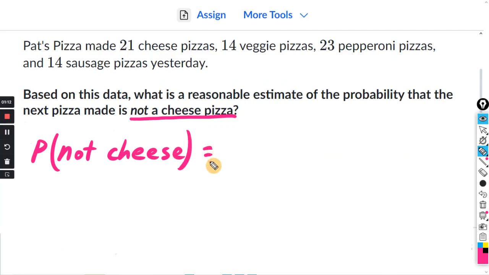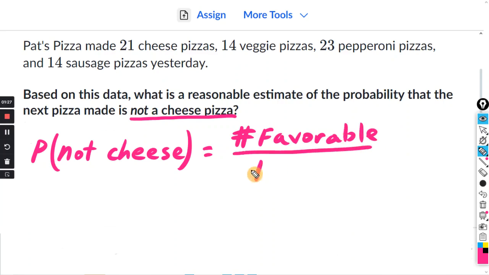All right, and we said the basic formula is going to be the number of favorable divided by the total number.